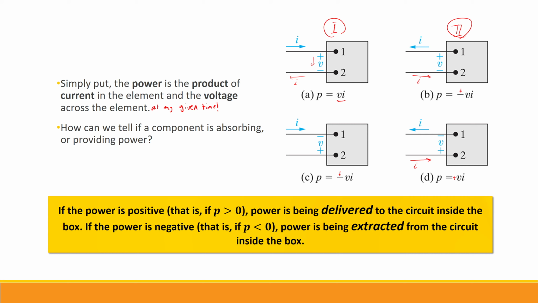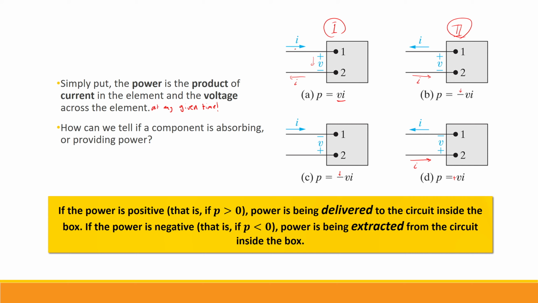One other thing that you should keep in mind is that the reference direction for the current and the reference polarity for the voltage don't necessarily tell us about the values of these variables, right? You can have, let's say, the direction of the current going in this direction.